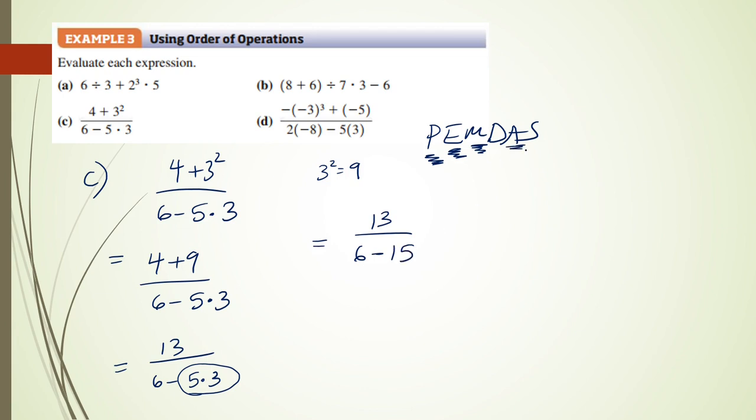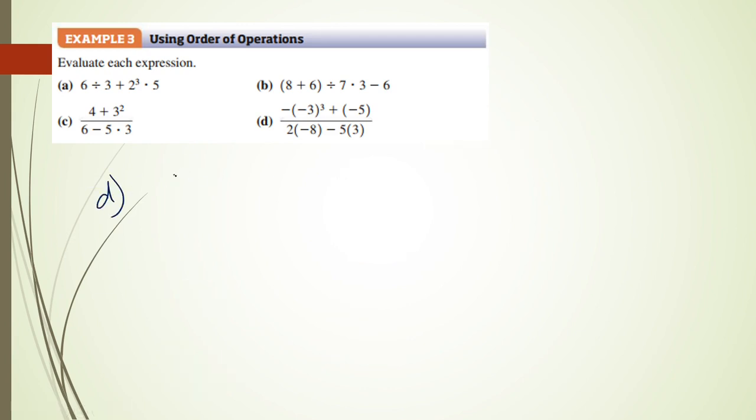And finally, we just have a subtraction. 6 minus 15 is negative 9. And here's our solution, 13 over negative 9, which you can simplify as negative 13 over 9.